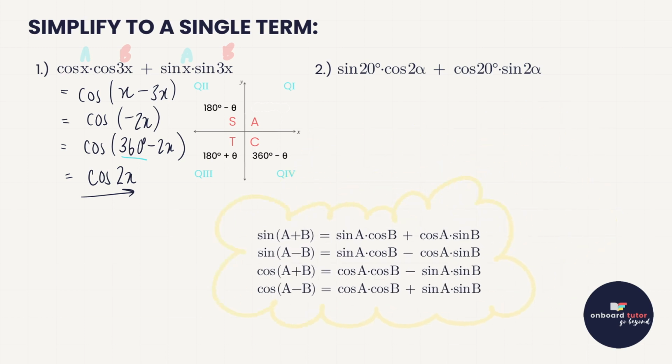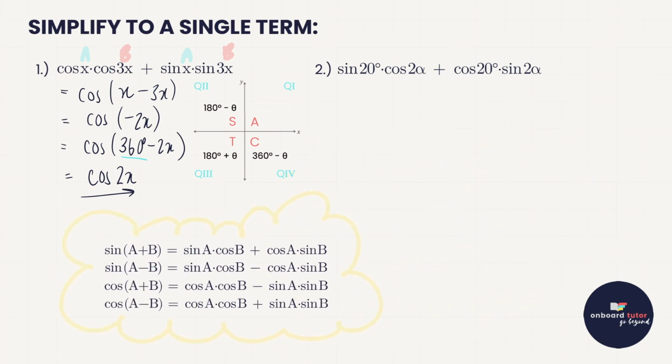All right, let's have a look at that other one. Sine 20 cos 2 alpha plus cos 20 sine 2 alpha. So we've got sine cos, cos sine, and we want to figure out where that fits in. So here's sine cos, cos sine, and we want a plus, which is the first formula on this formula sheet. So then A is 20 degrees, B is 2 alpha.